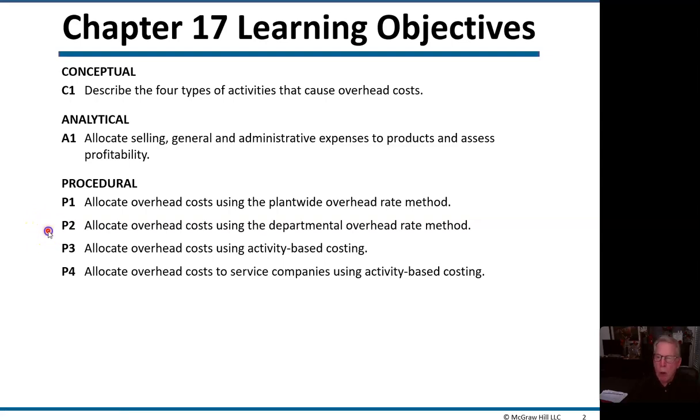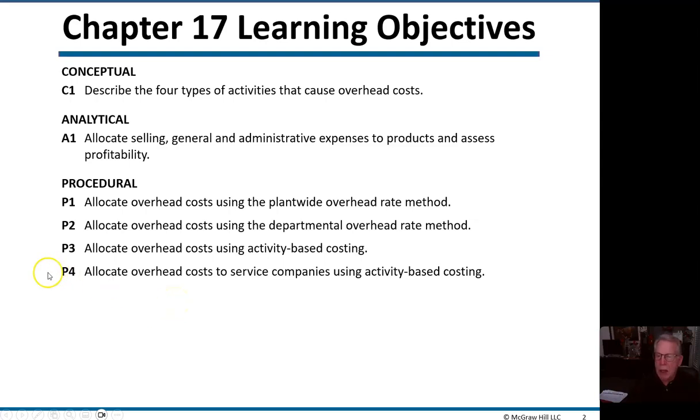But we can also calculate overhead costs using departmental rates, which can be maybe a little more accurate, but a little more complicated. And then we can take a look at how we might use activity-based costing, which is another degree of sophistication and complexity, and decide whether that's worth the extra effort to calculate it.